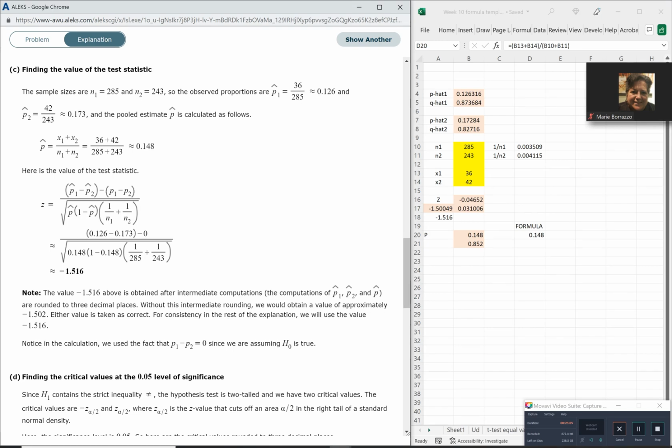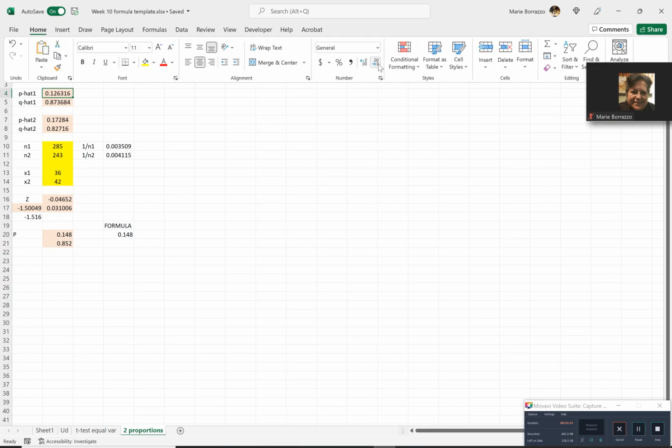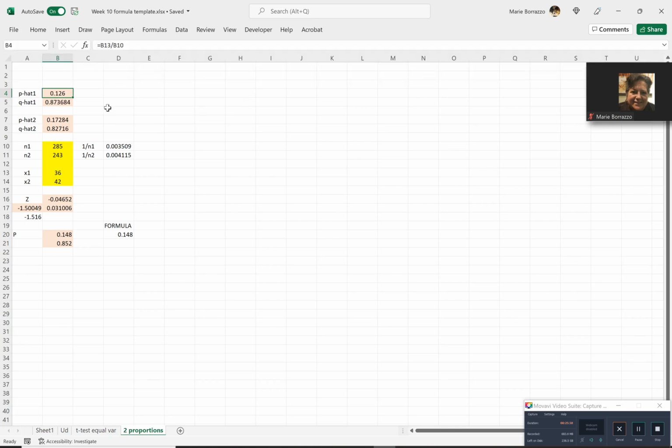So notice what it says, and this is exactly what's happening. You see how I'm obtaining negative 1.50049. Here it's saying the value negative 1.516 above is obtained after intermediate computations are rounded to 3 decimal places. So let's round everything to 3 decimal places and watch what's going to happen. We should end up with the same values they have. So I want to round everything to 3 decimal places.